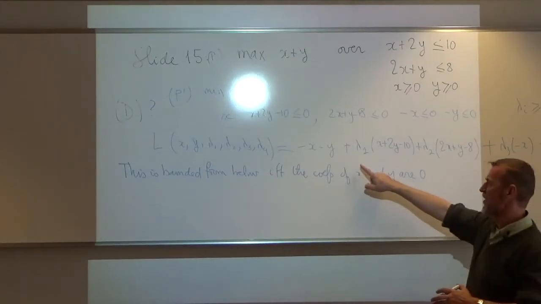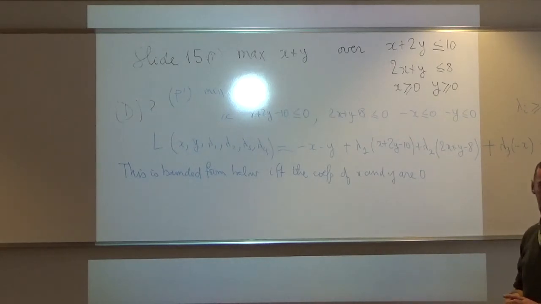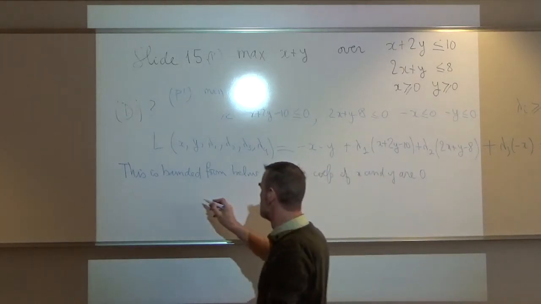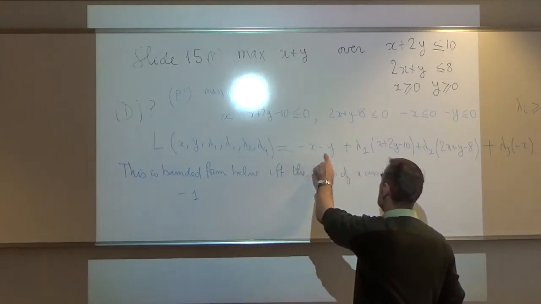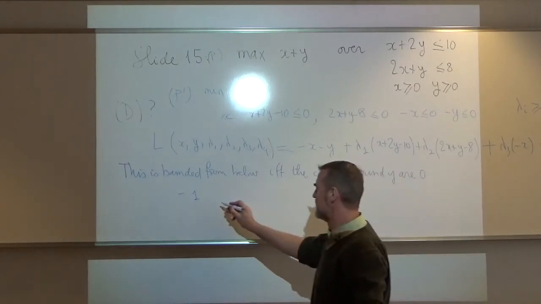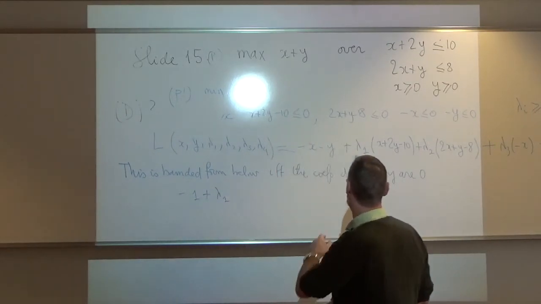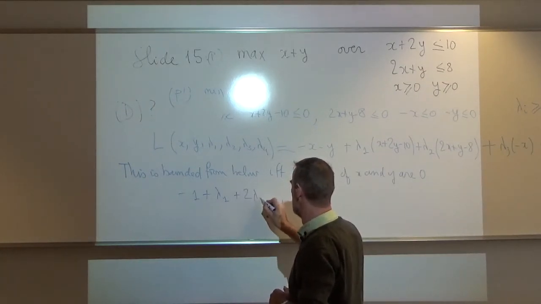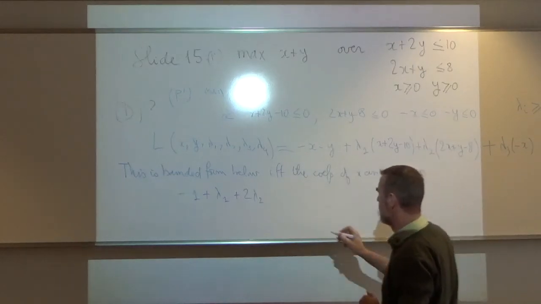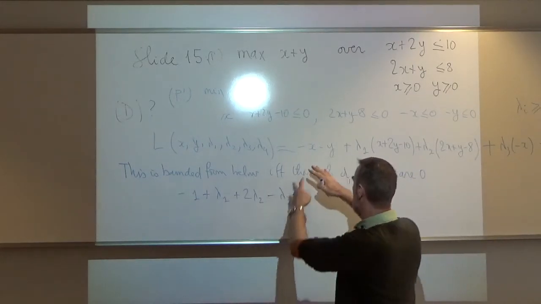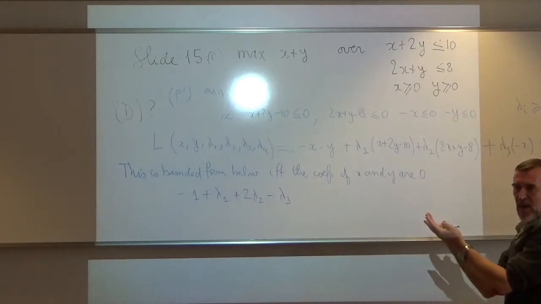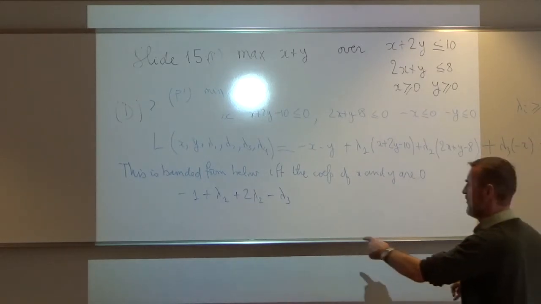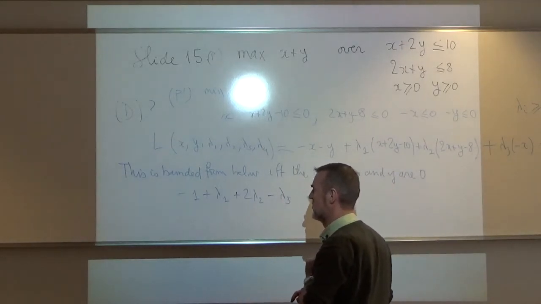Now, what is the coefficient of x? The coefficient of x is minus 1 plus lambda 1 plus 2 lambda 2 minus lambda 3. If I print this as a big linear function of x and y, I put all the x together, and I will have this as a coefficient of x.